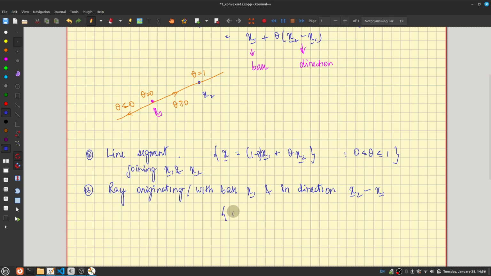This is basically the set x, which is equal to x1 plus theta times x2 minus x1. But now you allow theta to go all the way up to infinity, but it has to be positive.